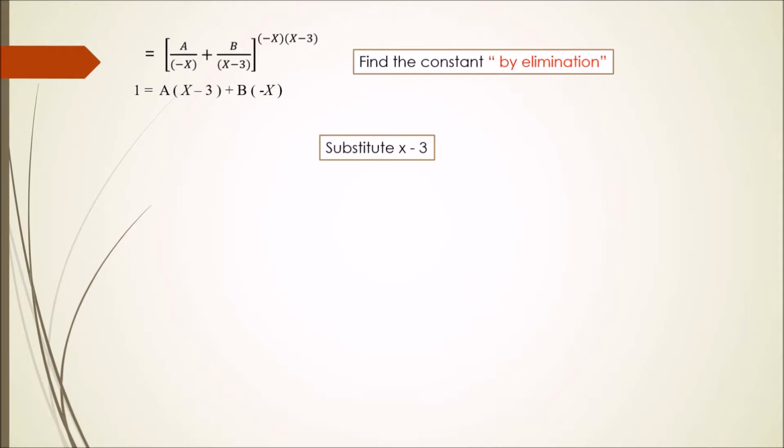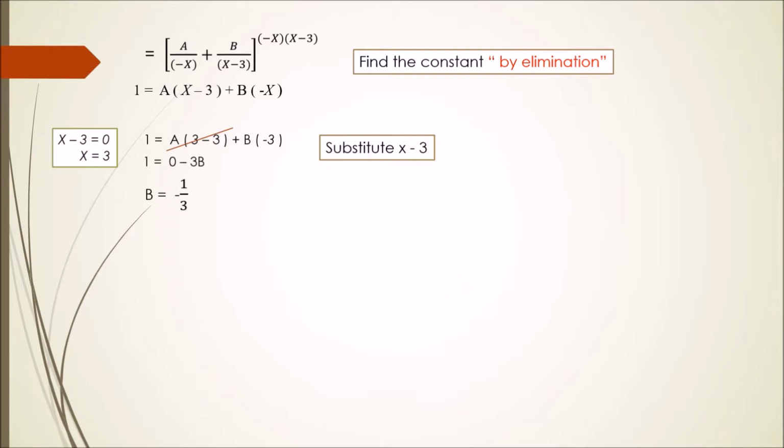By using elimination, you must substitute x minus 3. So x minus 3 equals 0, x equals 3. Minus 3 becomes 0, so a can be eliminated.